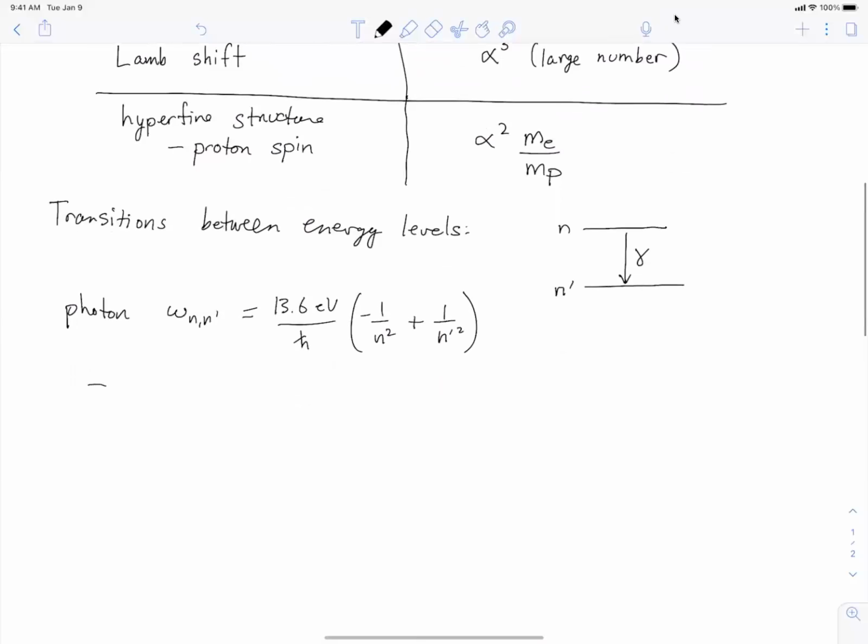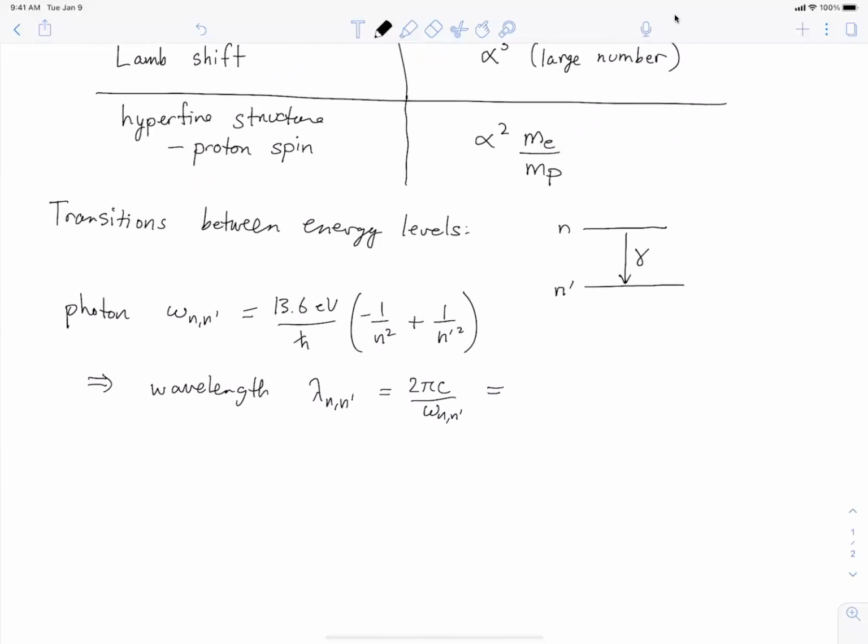From that, you can work out the wavelength, which is how the spectroscopers often quote the answers. That's 2 pi speed of light over the angular frequency.